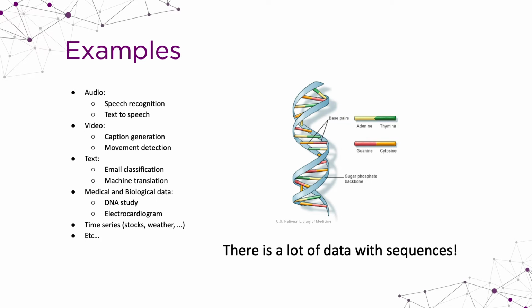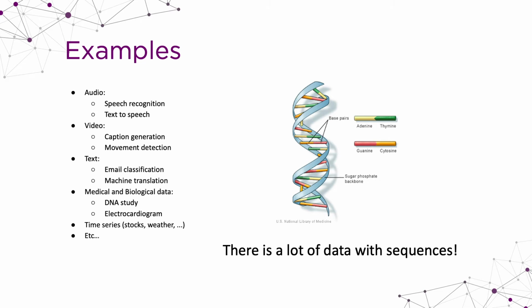All of this can be shaped as a sequence, and there are also what we call time series, which are basically when we monitor a value over time. Maybe the most famous example is following the value of some stock over time, because we want to predict how it will behave tomorrow.